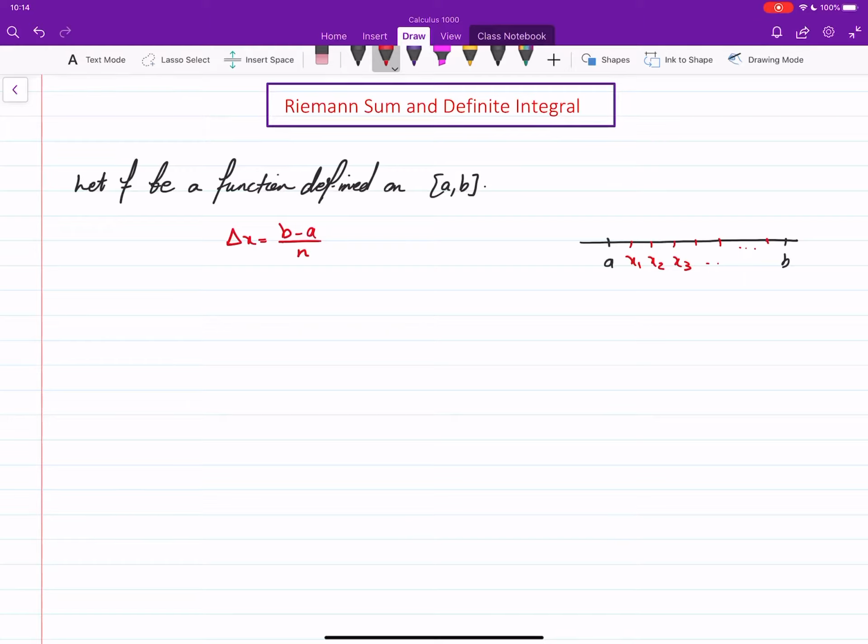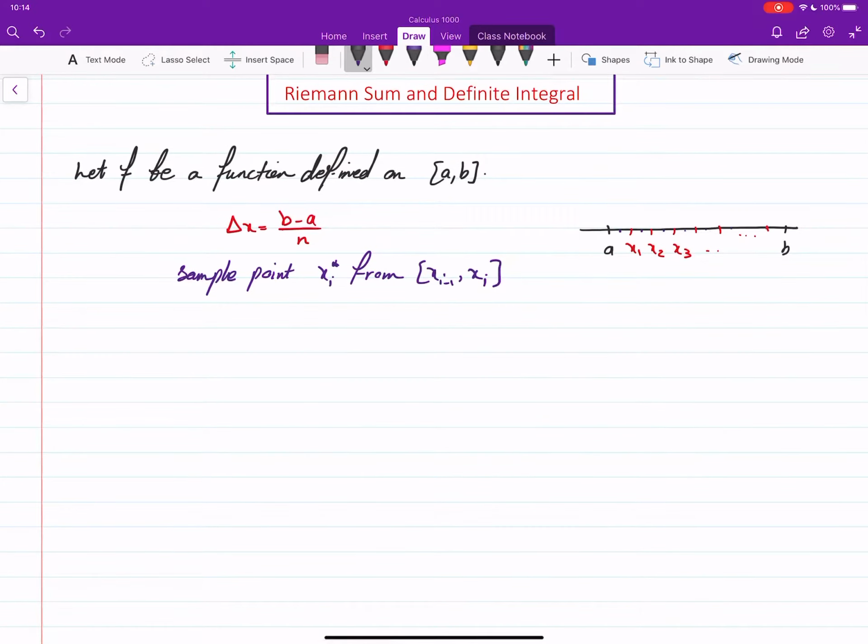And then we sample a point from each one of these subintervals, xi star from the interval x_{i-1} and xi. So you pick a point.